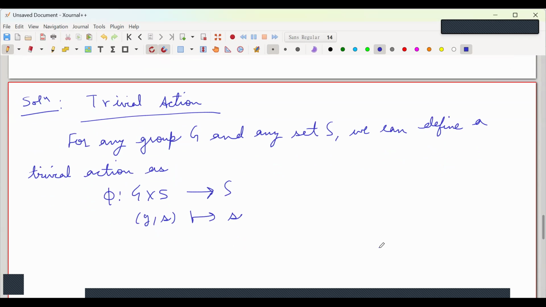Definitely the first property holds, identity fixes everything. The compatibility condition also holds: if g1, g2 are two elements, then g1g2 of s will also fix s, and if you act first by g2 and then g1, you will also get the same element s again. So it's an action, known as the trivial action.